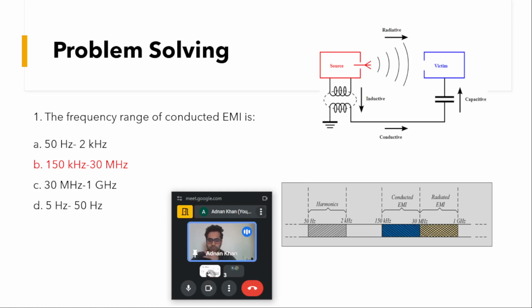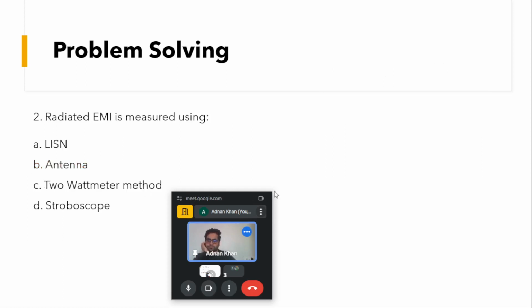In the range of 150 kilohertz to 30 megahertz, the predominant EMI is conducted. If we move towards the higher frequencies of 30 megahertz to 1 gigahertz, then radiated EMI is usually in that range. So the answer to this question is B, 150 kilohertz to 30 megahertz.